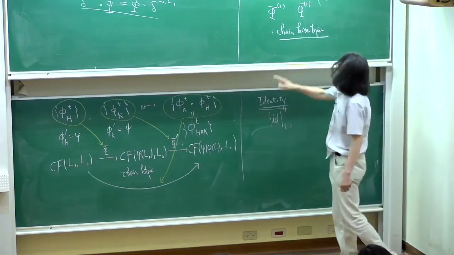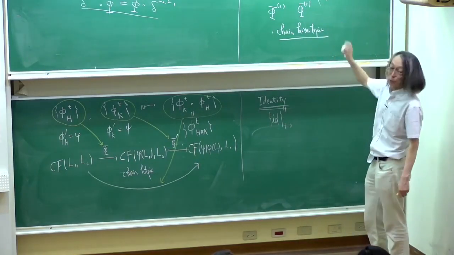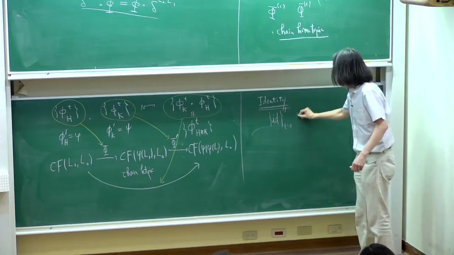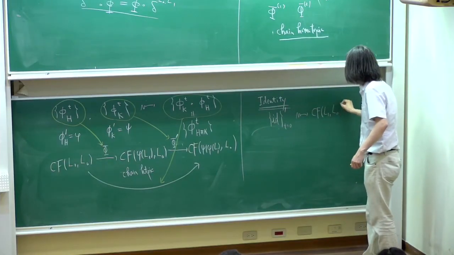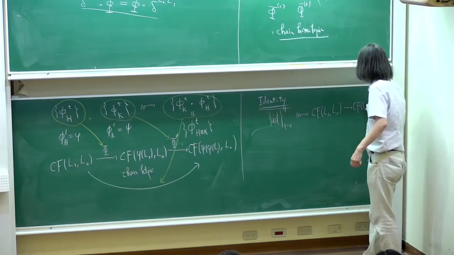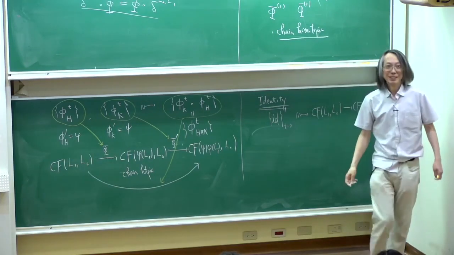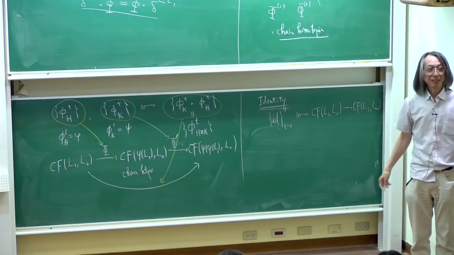This is certainly one of the Hamiltonian isotopies, so it must induce a map CF L1, L0 going to CF L1, L0, and this is the identity in a sense.